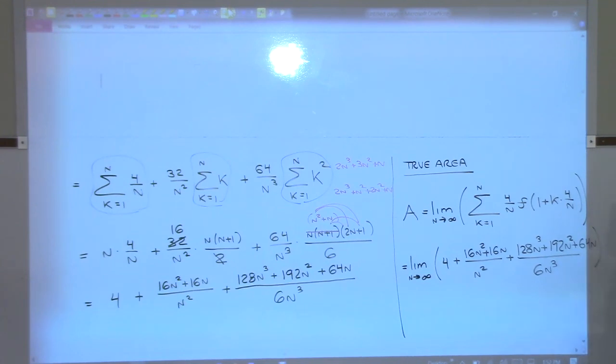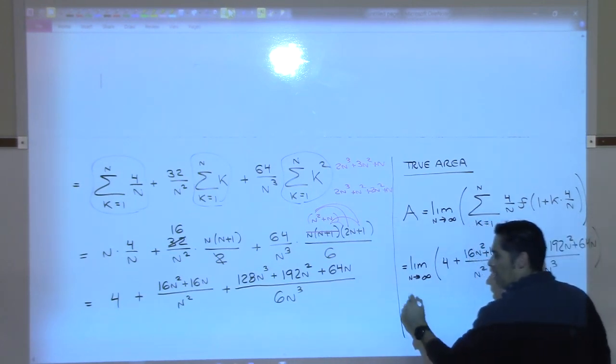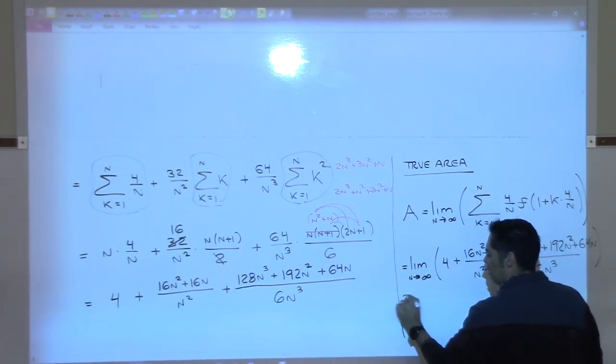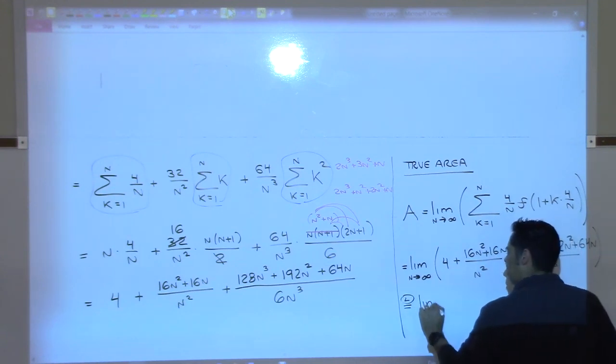Now when we do this limit, we apply L'Hopital's rule. Anytime we apply L'Hopital's rule, we put an L or an H above the equal sign. I always put L and circle it. So L'Hopital's rule here.